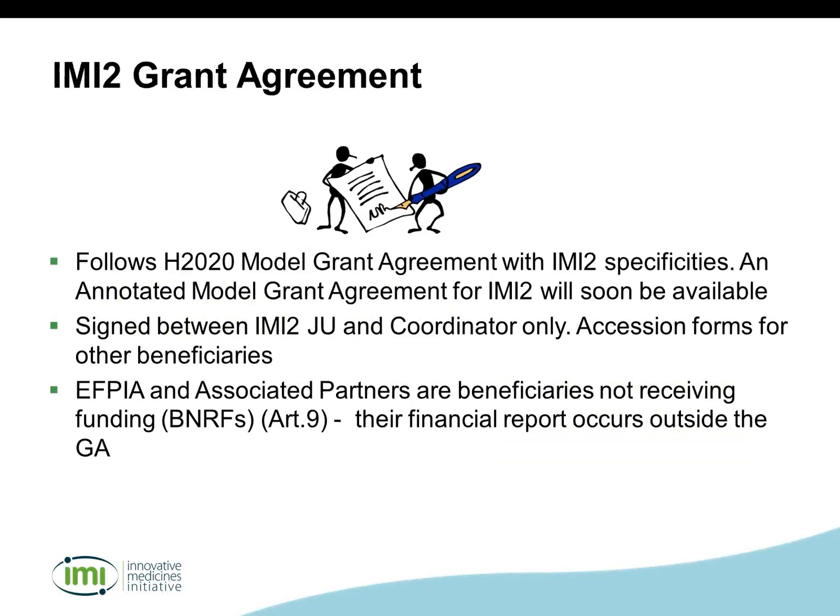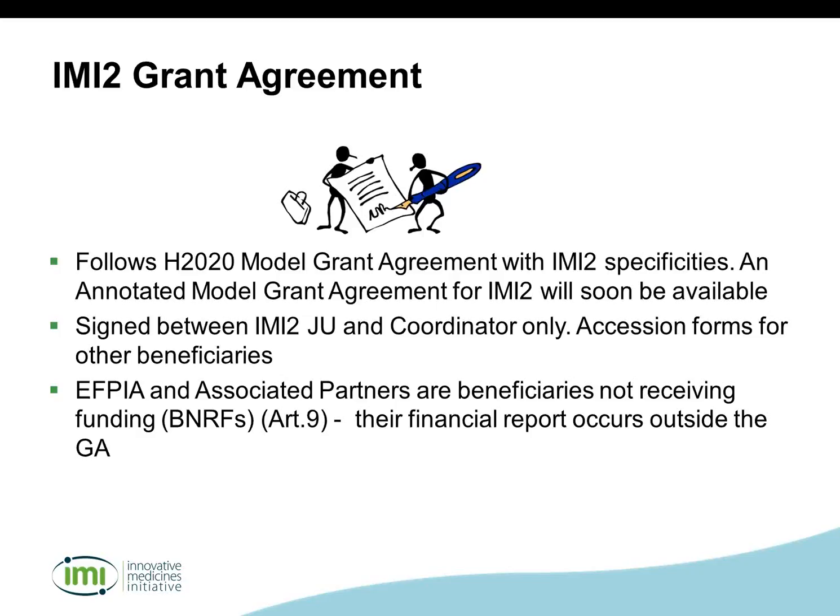In terms of the IMI grant agreement, we follow the model of the H2020, but with some IMI specificities. And as Fabrizio told you, the annotated grant agreement should be available on our website soon. And this is where some of those specificities are elaborated.